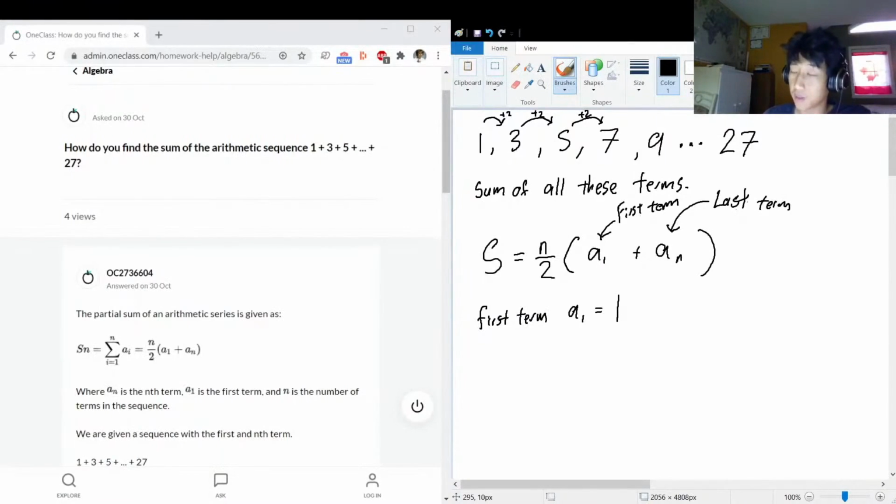So that is our increase each time. That's typically represented by the variable d. So d is equal to 2 in this case. And the last term, the nth term, because we need to know n, which is which term it is.